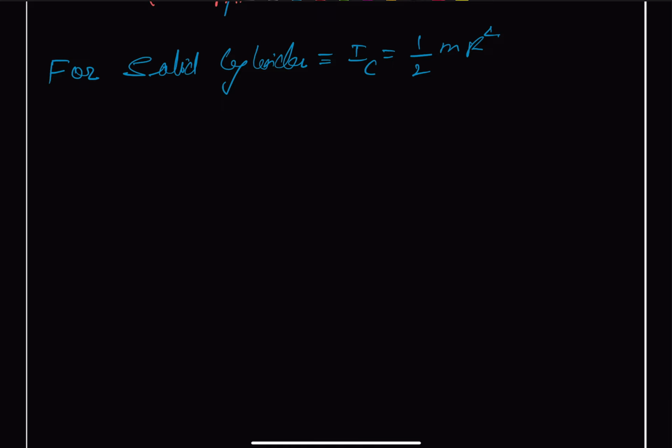Therefore, the radius of gyration for the cylinder will be equal to the square root of I upon m, so this comes as the square root of 1 by 2 mr square over m. This m and m cancel out, and this gives us the radius of gyration for the cylinder as r times the square root of 1 by 2.